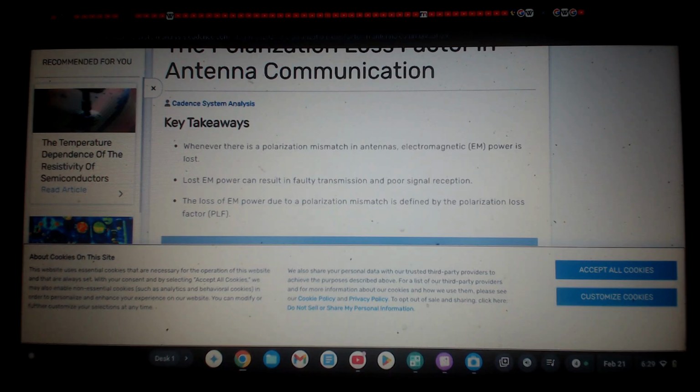Lost EM power can result in faulty transmissions and poor signal reception, meaning you're not getting the radio waves, you're not getting the photons. The loss of EM power due to a polarization mismatch is defined by the polarization loss factor, PLF.